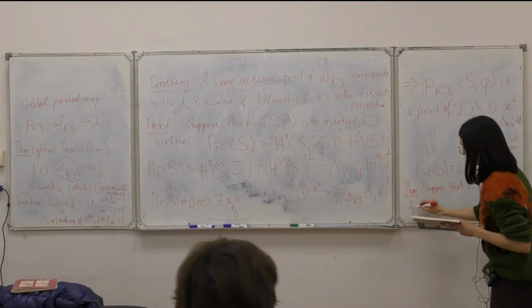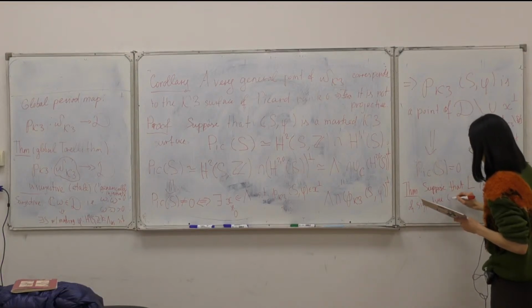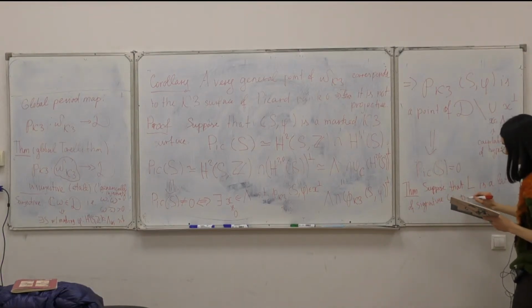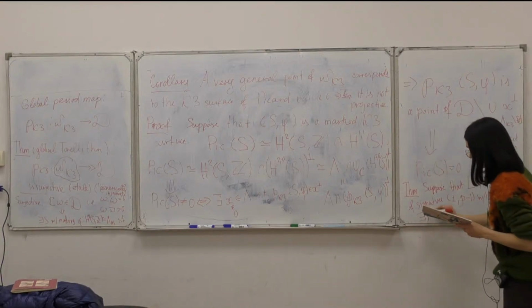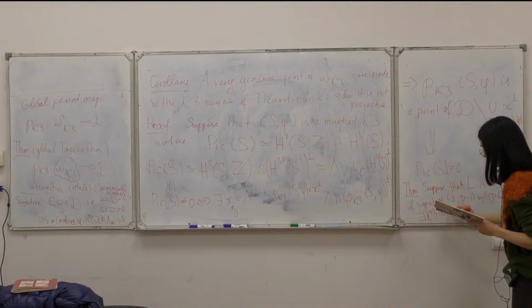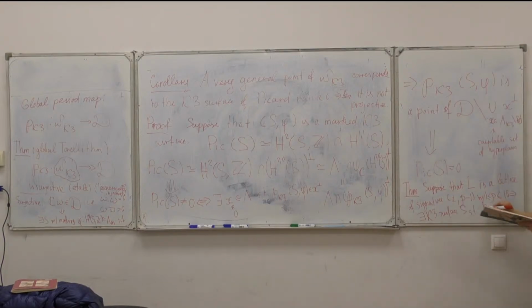of signature (1, rho minus one), where rho is greater or equal to 1 and less or equal to 20, then there exists a K3 surface S such that its Picard group and this lattice are isomorphic.